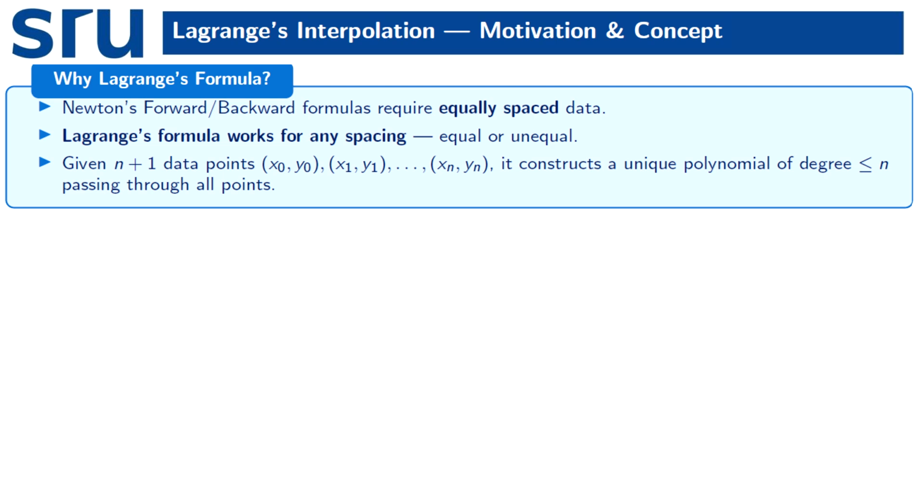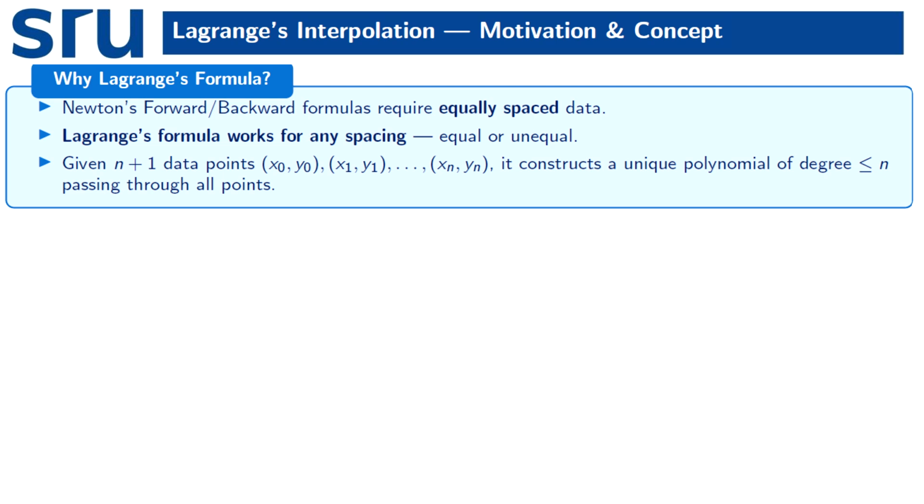So what do we do in such cases? We need a method that works regardless of the spacing. And that is exactly where Lagrange's interpolation formula comes into the picture. It works with equal and unequal spacing both. So it is a general and flexible method.